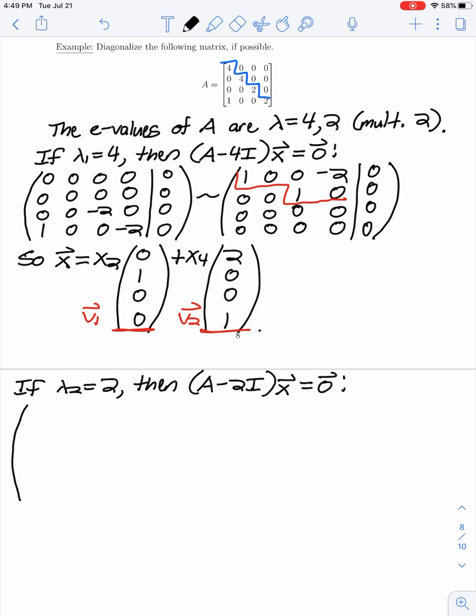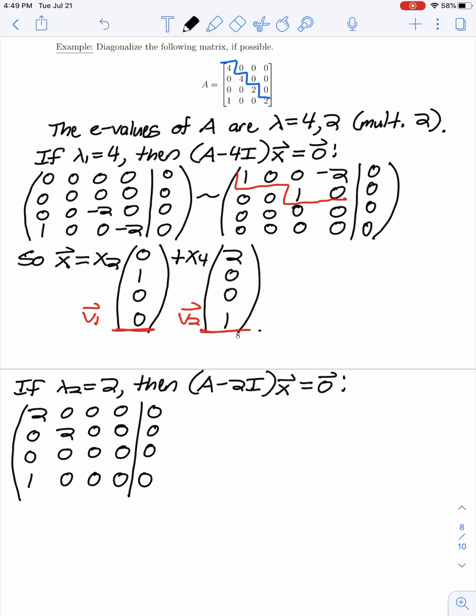And we have the matrix where we're subtracting 2 from the diagonals of A. So we have 2, 0, 0, 0, 0, 2, 0, 0, 0, 0, 0, 0, and 1, 0, 0, 0, augmented with the 0 vector.